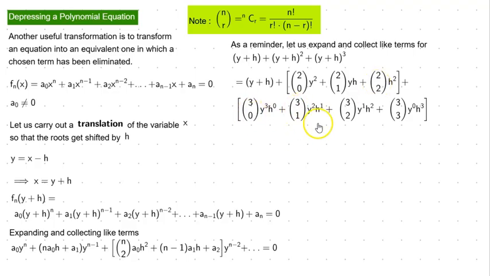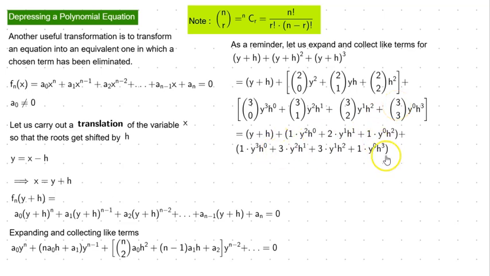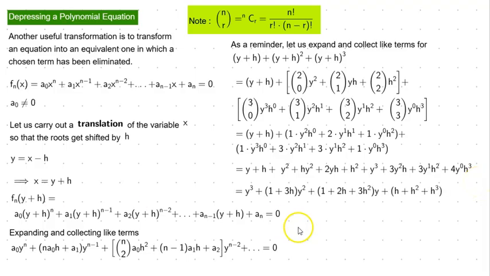Here it will give us 1, 3, 3, 1. So simplifying that, we get this expansion, and simplifying that, we get this. And now we collect like terms to get this form.